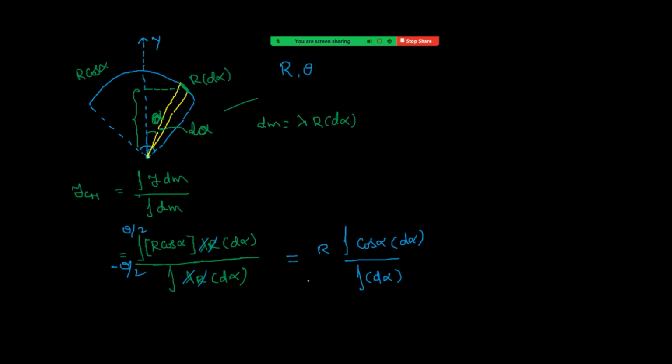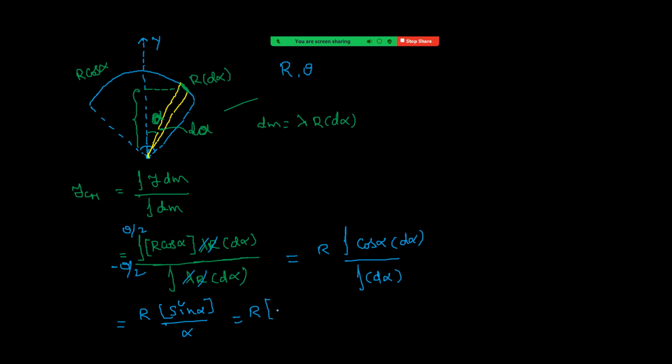Now integration of cos alpha d alpha is sine alpha, so that is equal to r outside, sine alpha upon alpha. Now substitute limits.